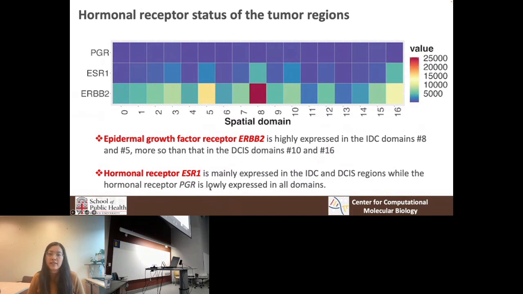The hormone receptor ESR1 is mainly expressed in the IDC and both DCIS regions, while the hormone receptor PGR is lowly expressed in all domains, which indicates that this breast cancer patient might be the HER2 positive, ER positive, and PR negative clinical type.